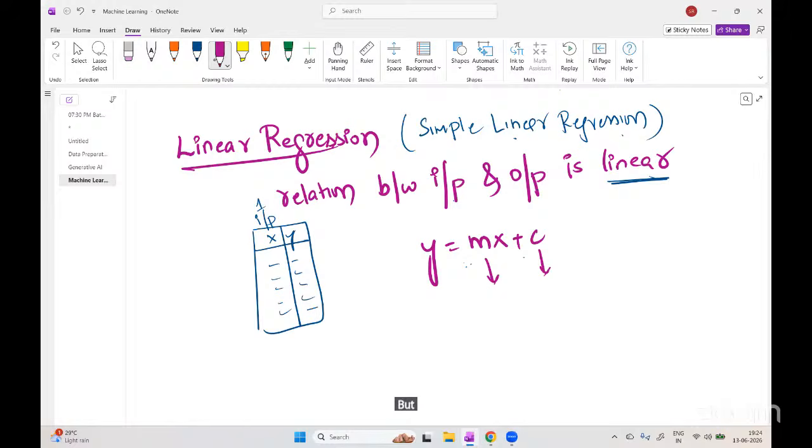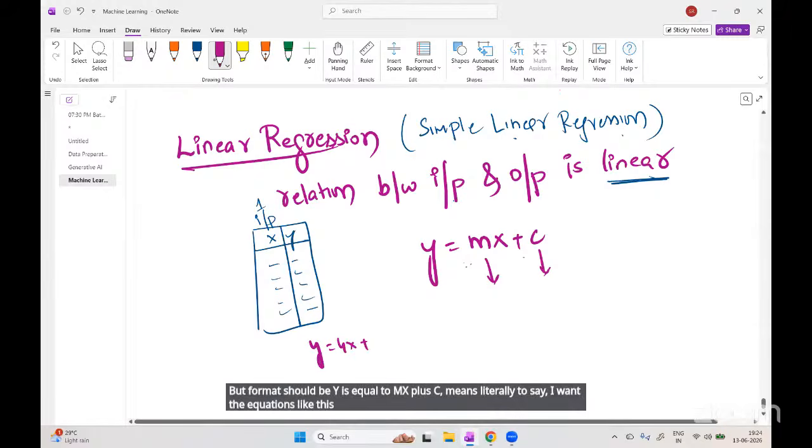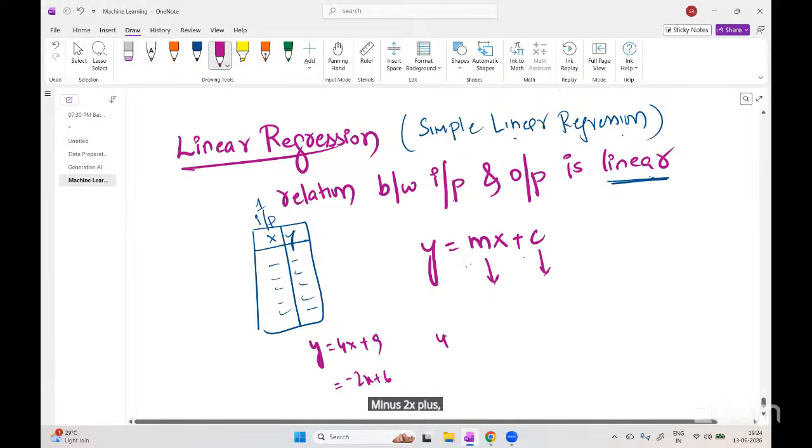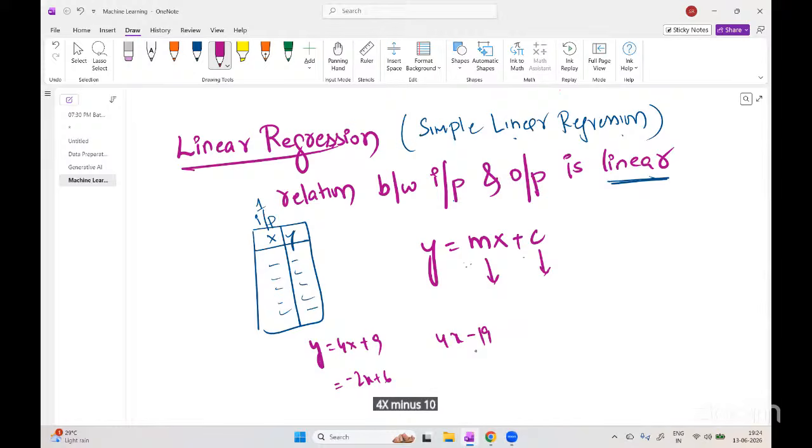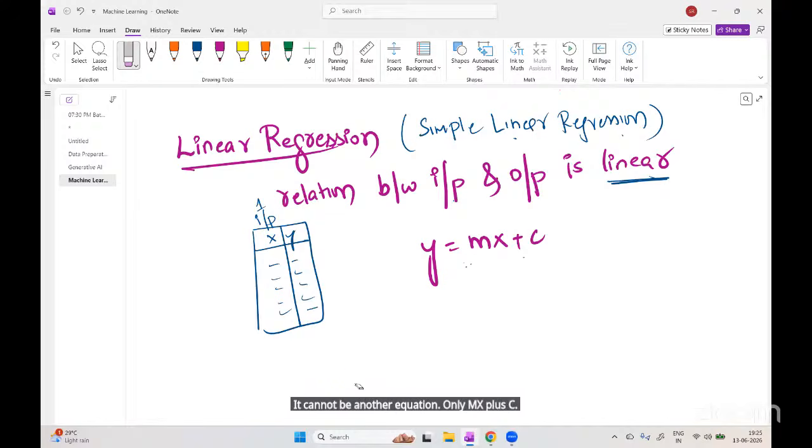But the format should be y = mx + c. Literally, I want equations like this: 4x + 9 - 2x + 6, 4x - 10, 19, something. But the equation should be in such a way that it is mx + c only. It cannot be another equation. Only mx + c. That we call linear regression.